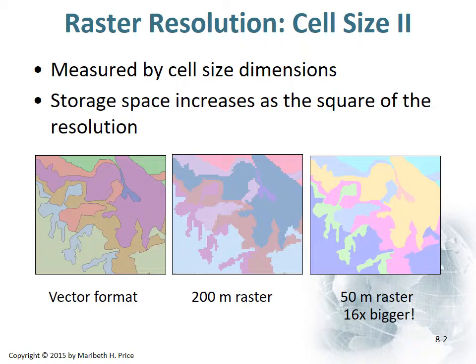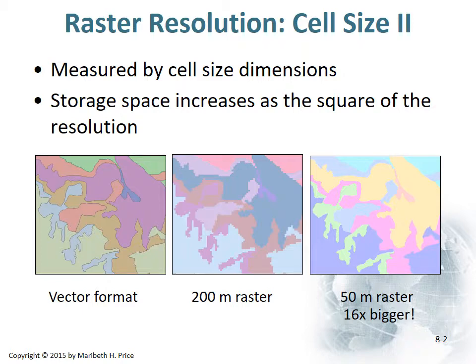So to get an idea about that, looking here again at a general study area, vector data is very good, very precise, very distinct, clean boundaries, and very good descriptions, therefore, of the area and length relationships. Imagine this is a land cover type map. With a raster of the same area done at the 200-meter resolution, we see it's very blocky, very clunky.